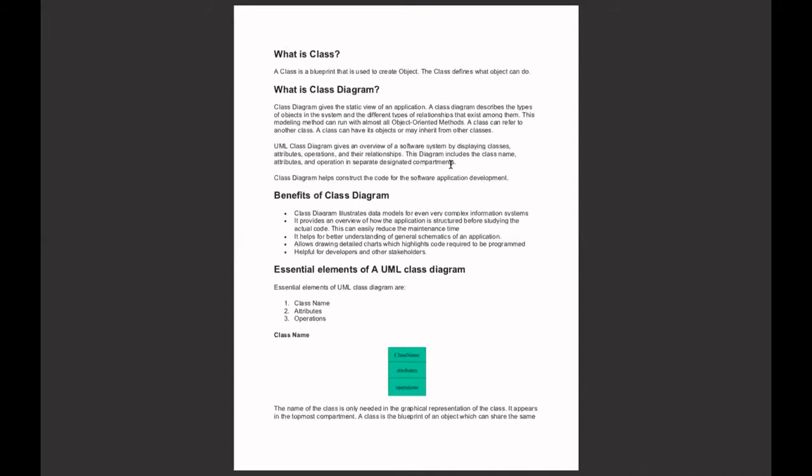Now moving to the attribute. The first element is the class name and the second element is attributes. An attribute is a named property of a class that describes a range of values that instances of the property may hold.